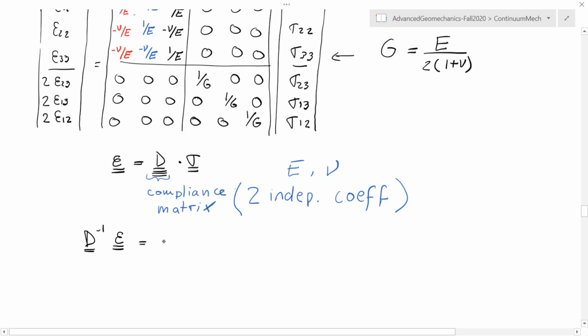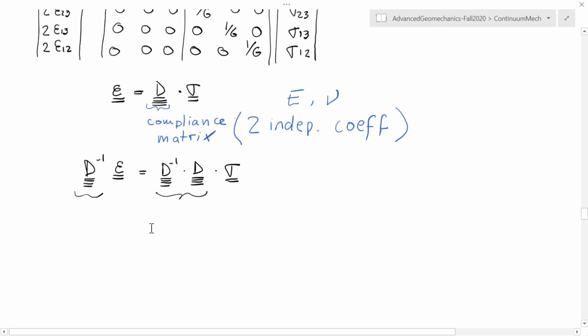And if I do that, then I would be able to recover what I've been looking for, which is the stiffness matrix. This one is going to result in the identity matrix, and this one, the inverse of the compliance matrix, is going to be the stiffness matrix.